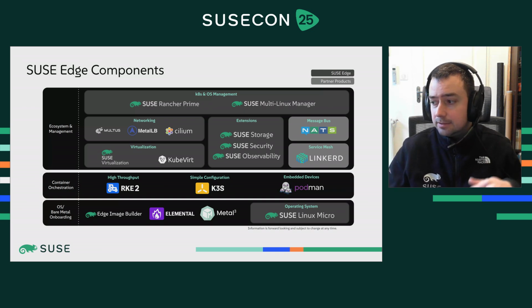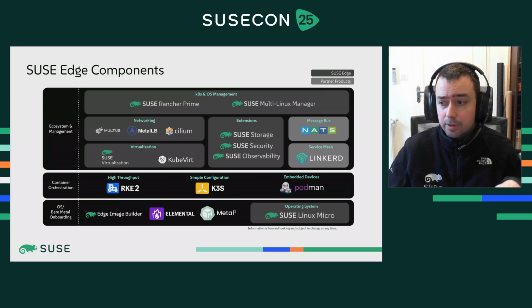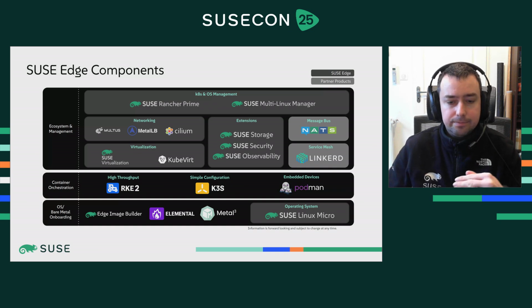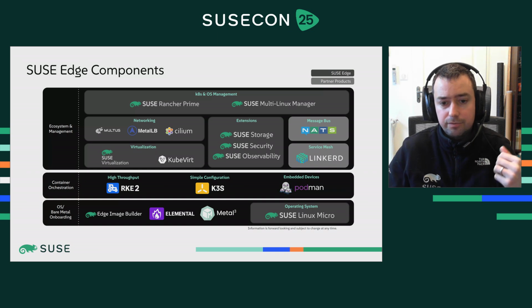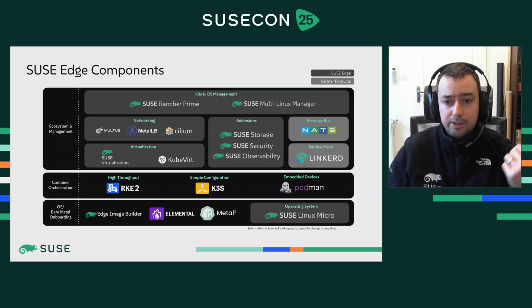It's based on SUSE Linux Micro as its base OS, and then you add Kubernetes, be it K3s or RKE2, and then you add over it all the ecosystem and tools for the management, be it Rancher Prime or virtualization.